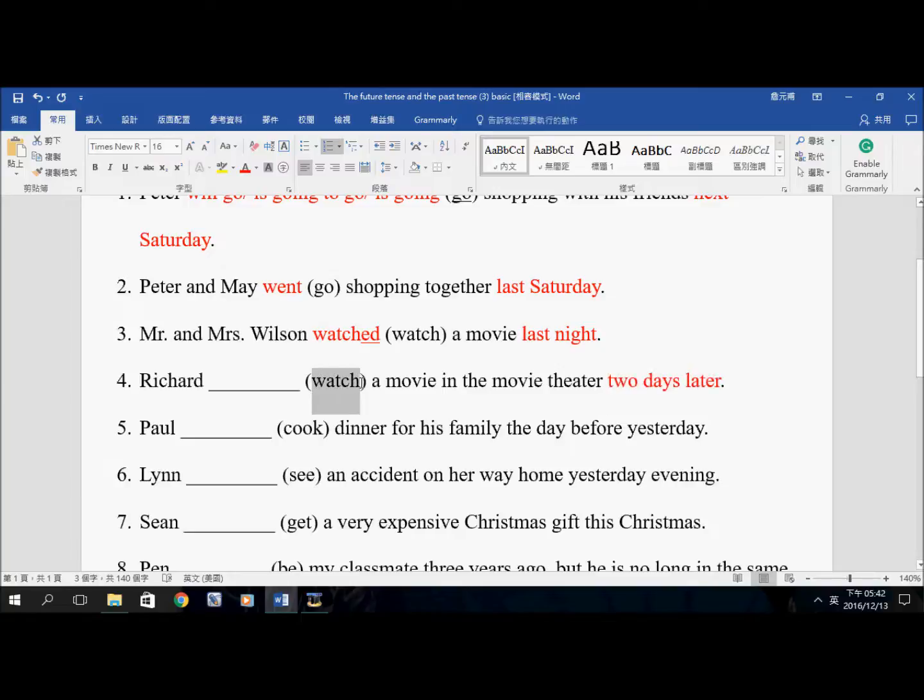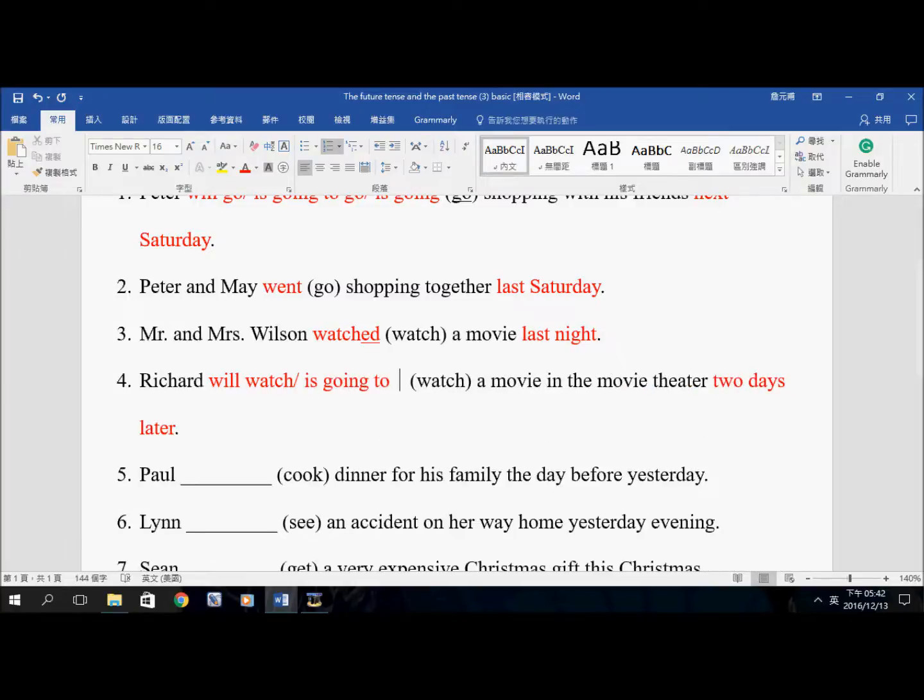And watch is not a verb that talks about going to a place or coming back from a place. So we cannot use present continuous tense. So the 2 possible answers are Peter will watch or Peter is going to watch. So number 4: Peter will watch or is going to watch a movie in the movie theater 2 days later.